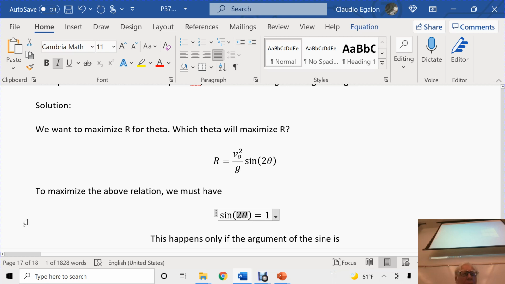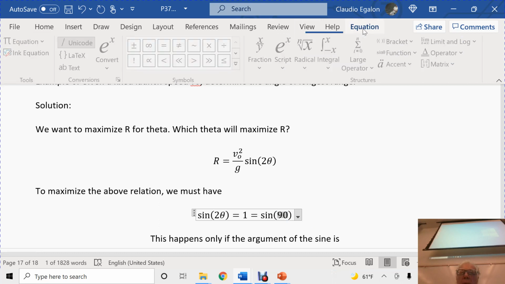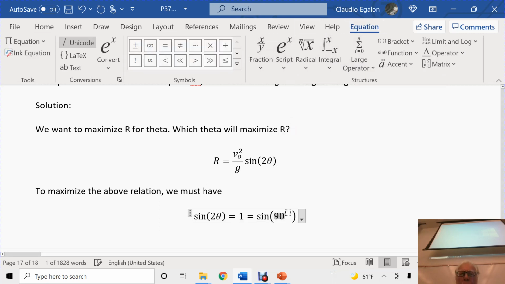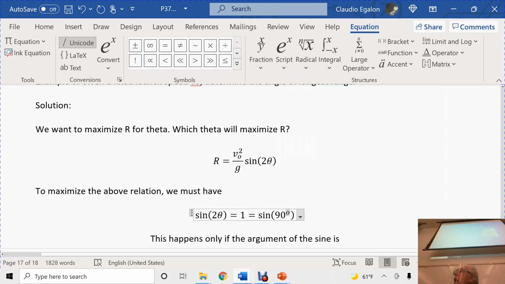Okay, so here you go. I'm going to rewrite it here. Instead of sine of 2 theta equal to 1, I'm going to put sine of 2 theta is equal to 1, which is equal to what? Yeah, pi over 2 or 90 degrees. I'm going to put 90 degrees. That's easier for me. That's what 1 is, right? 1 is sine of 90 degrees. Do you see that now?